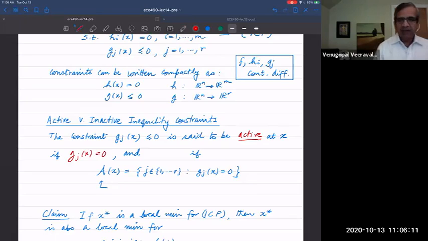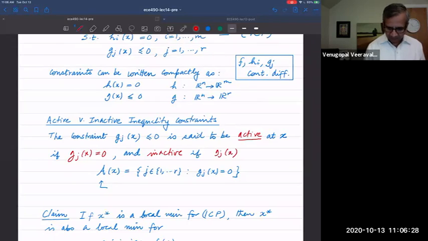So the point is basically on the boundary of the constraint. That's when it's said to be active. And it's said to be inactive if the inequality at that point is strict.